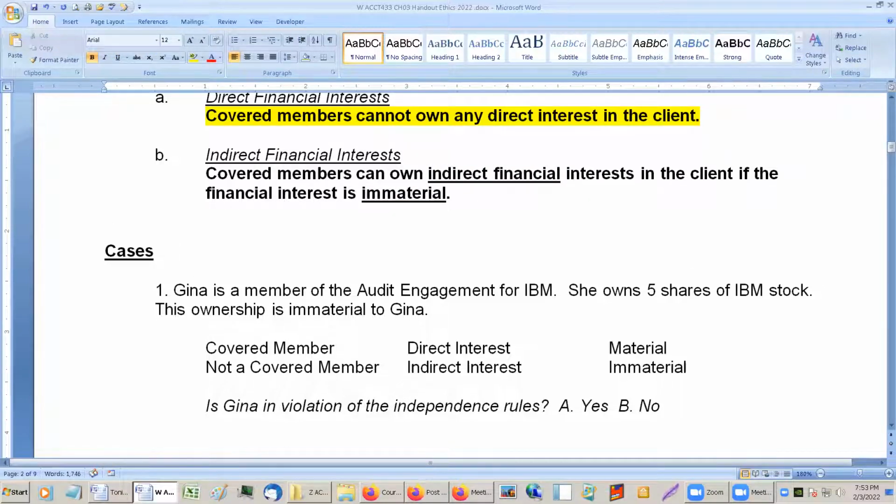Some examples of this. A Standard & Poor's 500 mutual fund.